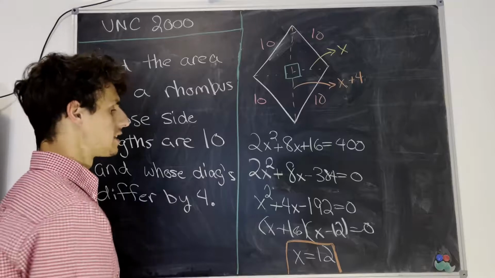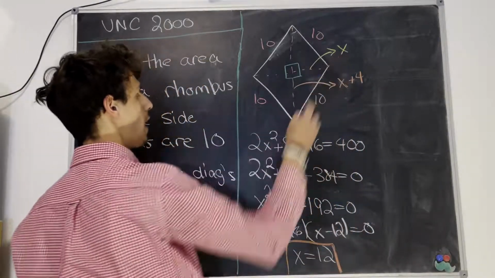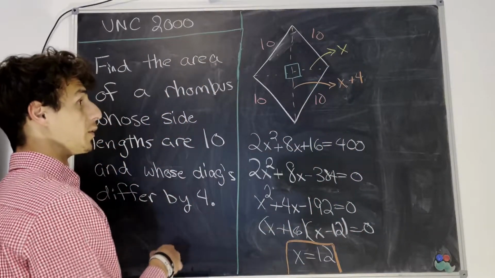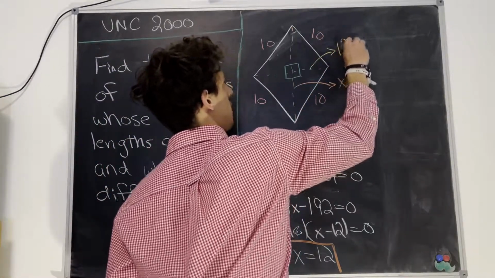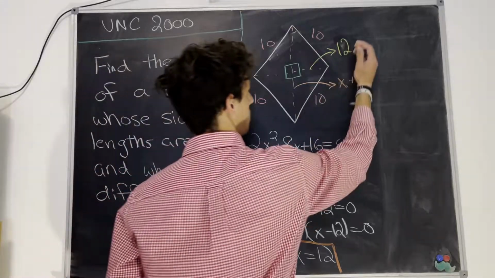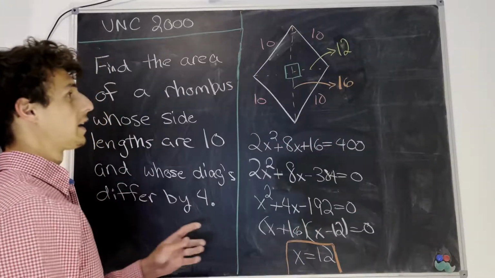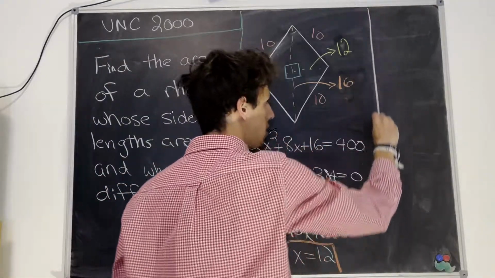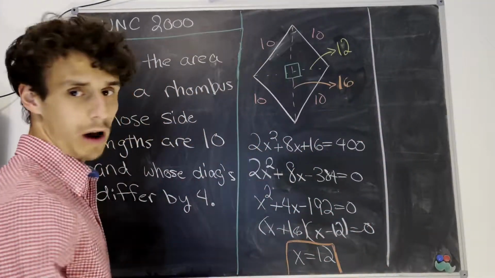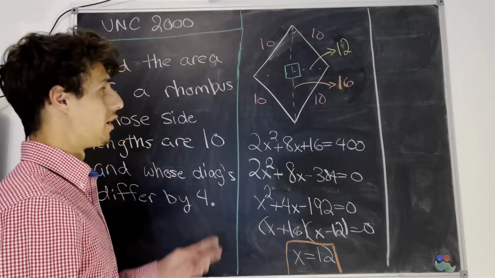So now we can plug this x equals 12 back into our values up here for the diagonals, and we'll see that this short diagonal is 12 because it's just x, and this orange diagonal is 16. But now we can split the rhombus into 2 different halves, each containing a triangle, and we can use the triangle area formula to find the area of each triangle.